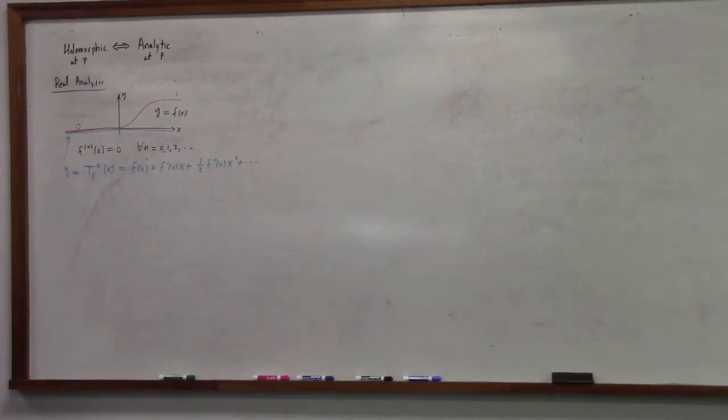So this, in the real case, is an example of a function which is smooth, smooth being the analog of holomorphic. It means it's real differentiable and you can take as many real derivatives as you like, and yet it's not analytic at 0. It's called a bump function. These are used in manifold theory for building various things.